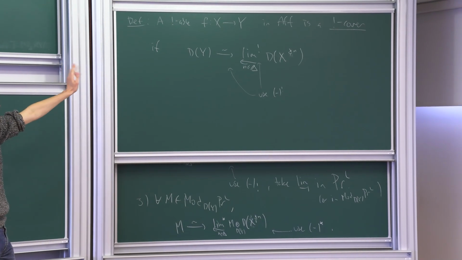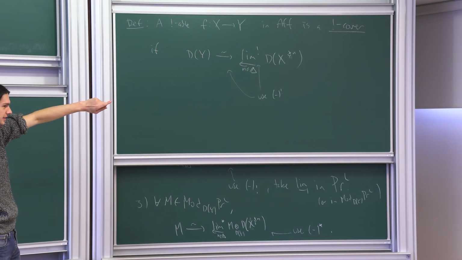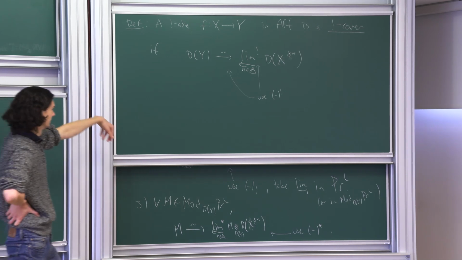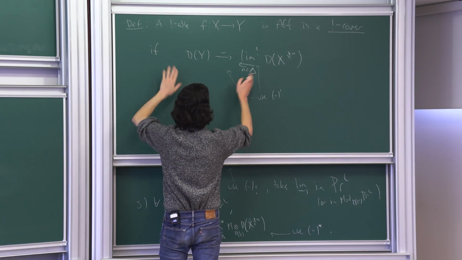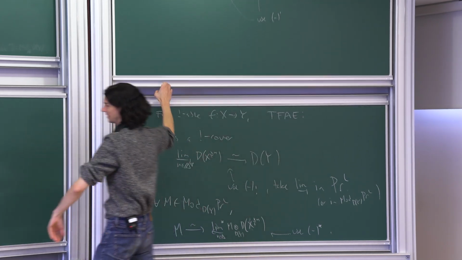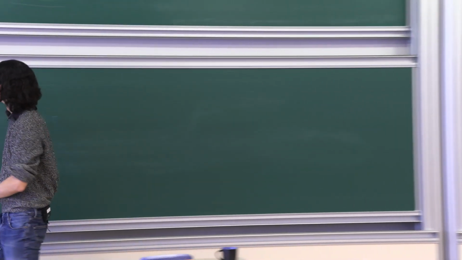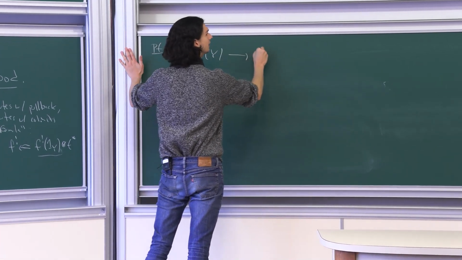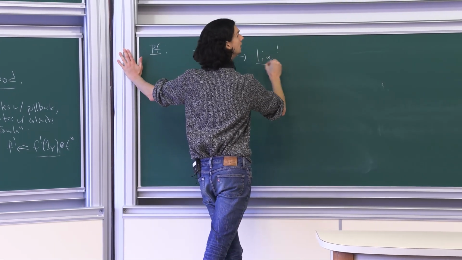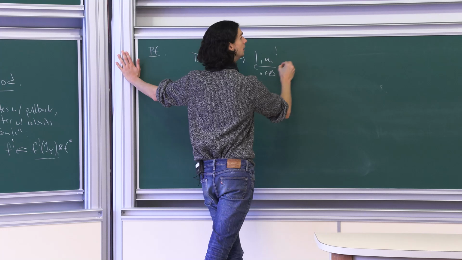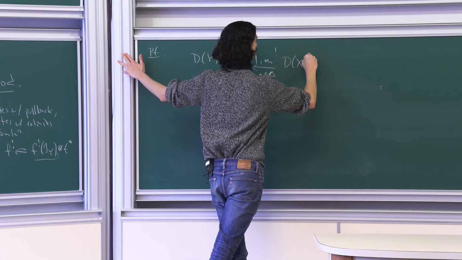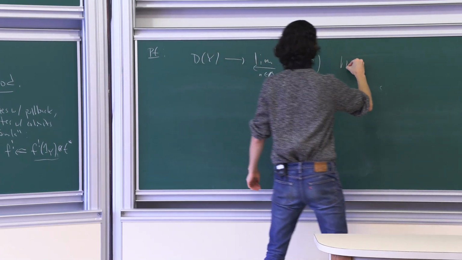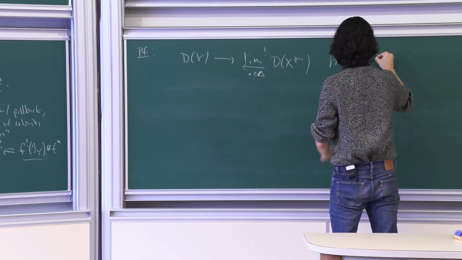Those upper shriek functors are right adjoints, and their left adjoint is the lower shriek functor. And there's some category theory which tells you that this comparison functor will then also have a left adjoint.